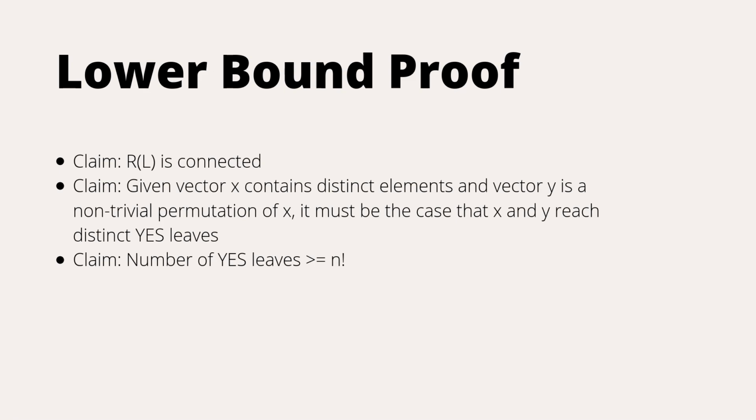Our second claim is, given a vector X that contains distinct elements and a vector Y that is a different permutation of X, it must be the case that X and Y reach different yes leaves. And finally, the number of yes leaves has to be at least n factorial.